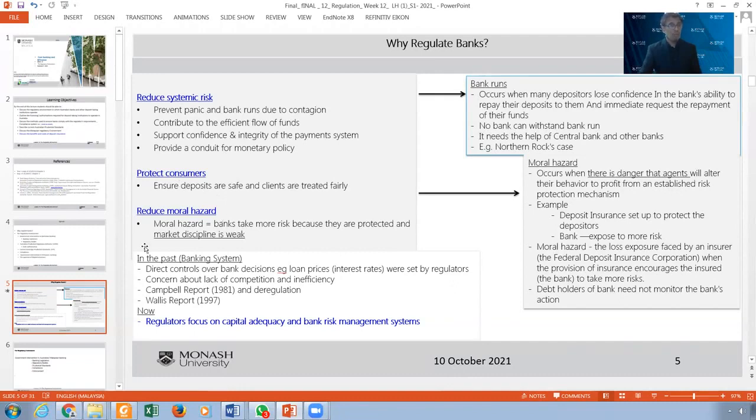One of the most important things is that banks may use the benefits of the regulation to take more risk, which we call moral hazard.